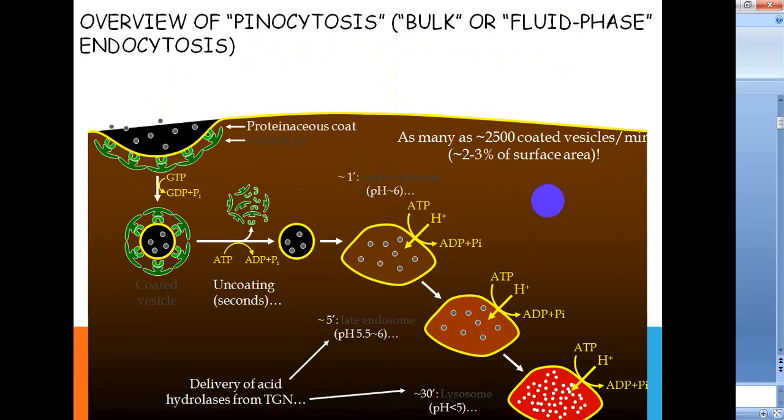So this is an overview of pinocytosis, by which fluid molecules move inside the cell up to the lysosome.